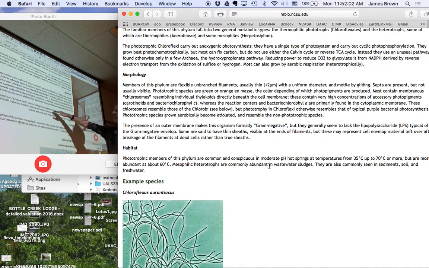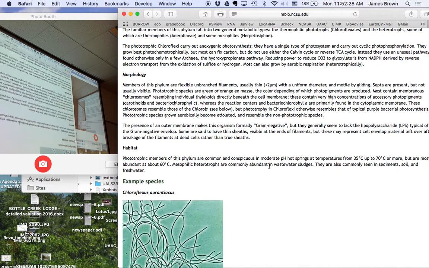They are gram-negative in the sense that they have an outer membrane. Many of them have internal membranous sacs, essentially like a single plate of a thylakoid on the inside of the membrane. These things are called chlorosomes. And again, the chlorosomes contain antenna complex, but not reaction centers.